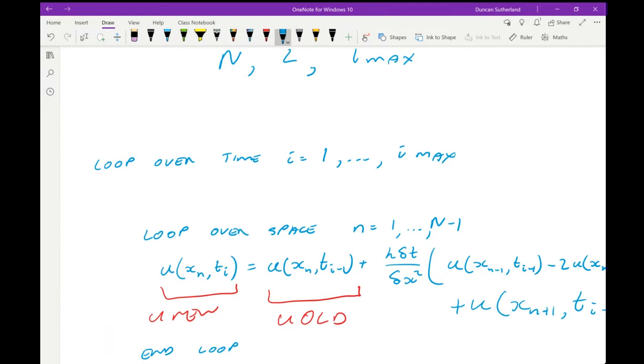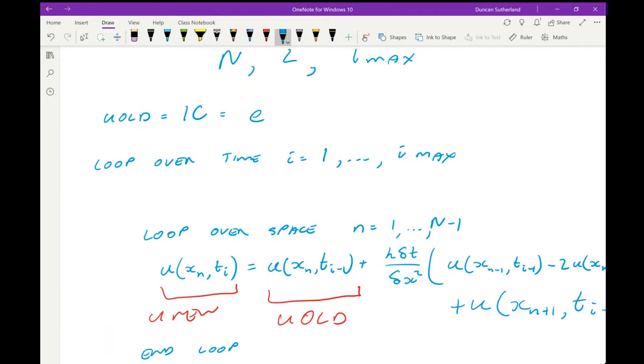So we could define u old here equals our initial condition, which I think was a Gaussian of a really strange shape initially.